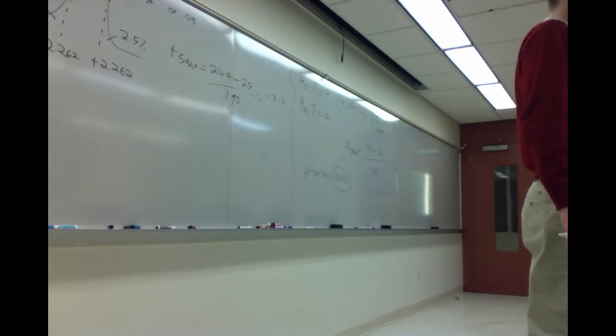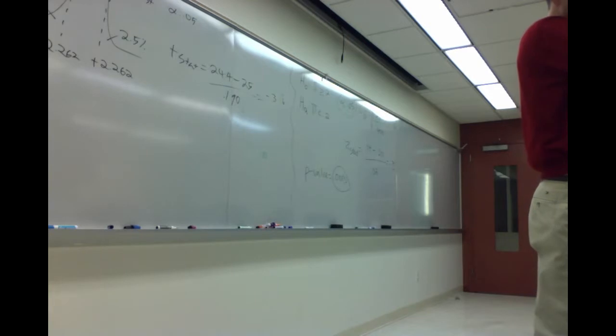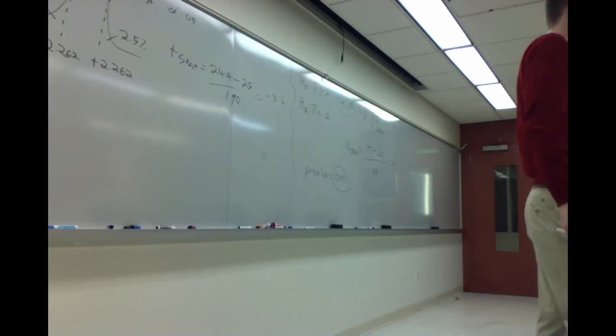Yeah, but what can you tell me about that, without getting into numbers? How is that going to help us? Standard deviation of the sampling distribution of sample mean differences.